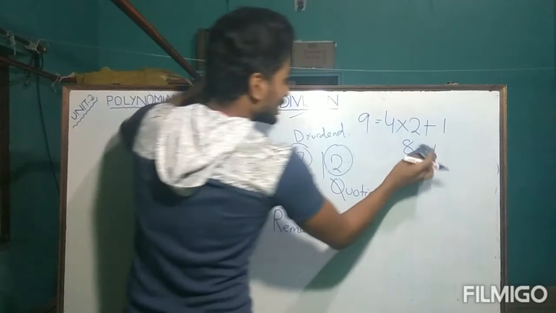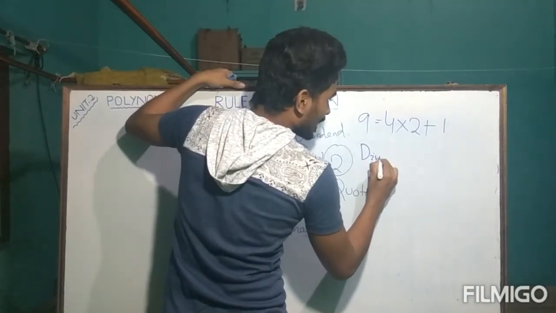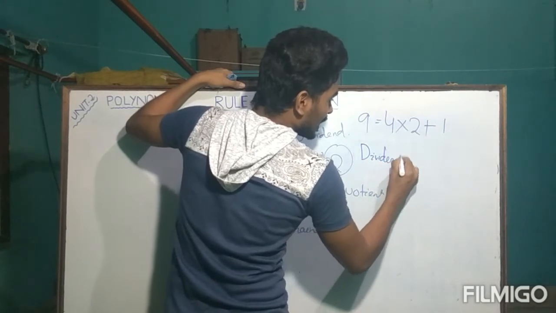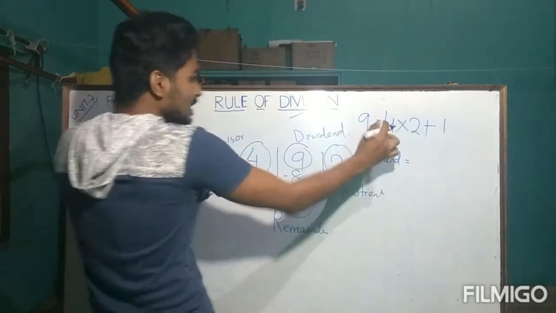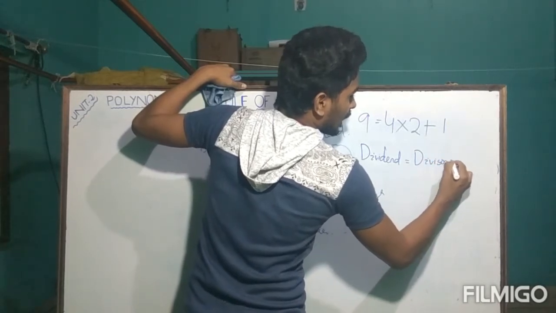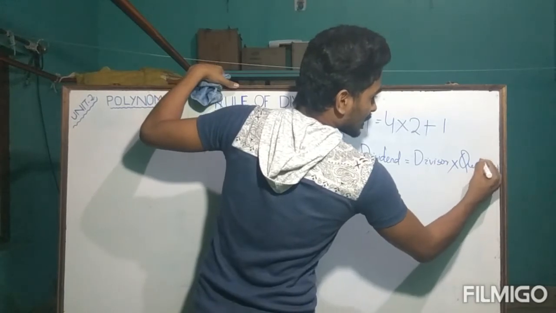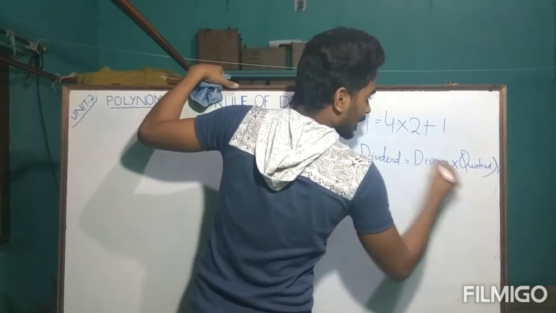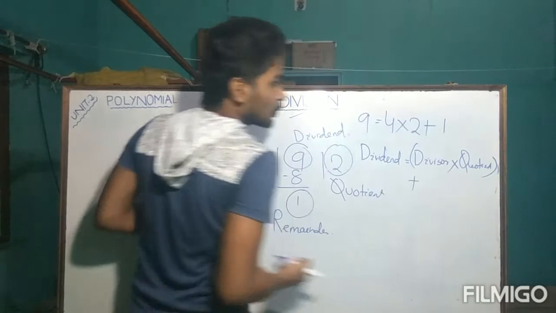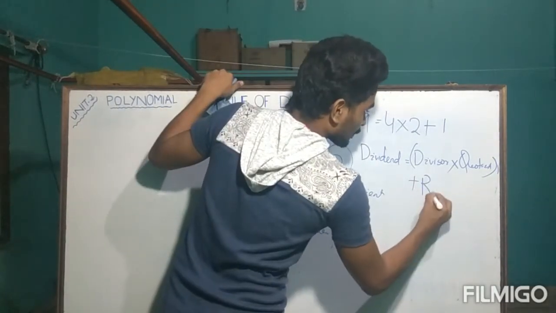So we can write: dividend is equal to divisor into quotient, and then 1, the remainder, is added to 4 into 2.